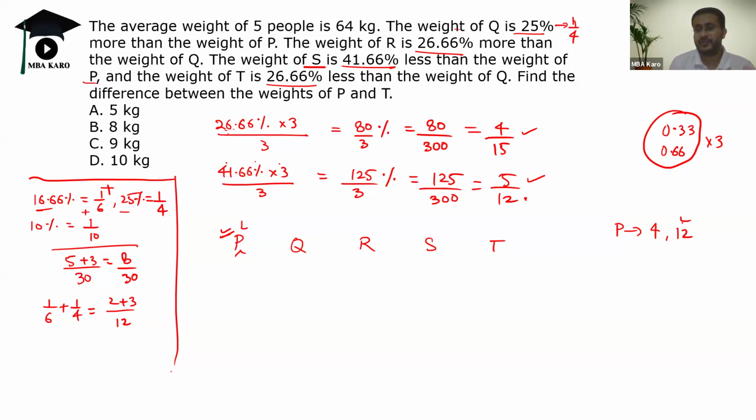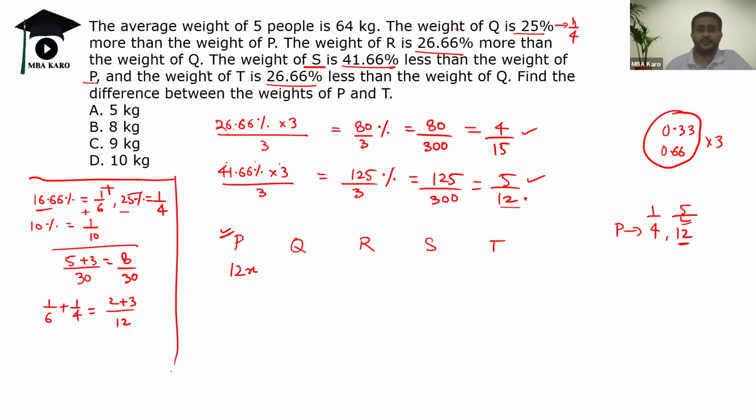So which should we take? We should take 12. Why? Because one of the values is 5 by 12. So we will take P as 12x, because in case of Q it is 1/4 and it is 5 by 12.